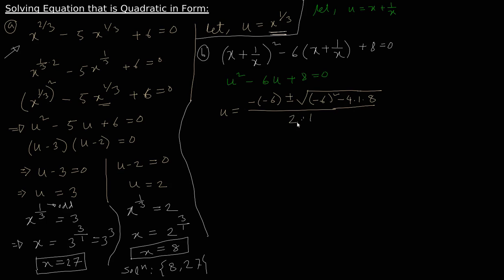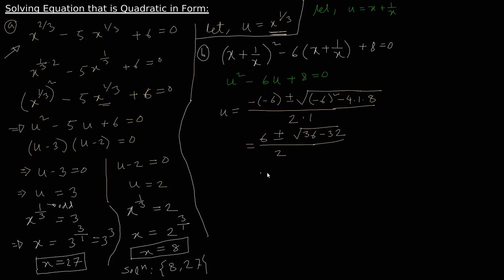So 2 is in the denominator, and negative 6 becomes positive 6 plus or minus the square root of 36 minus 4 multiplied by 8, which is 32.